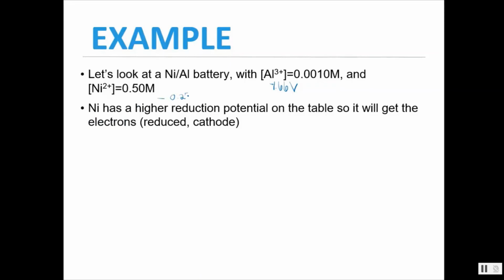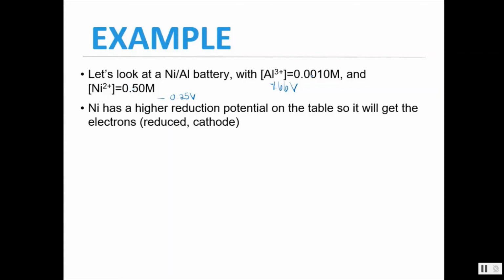That was the example we looked at earlier. We decided from these potentials that the aluminum, being more negative, wants to get rid of some negatives, so it's going to be oxidized. And the nickel is going to want to take those electrons. It has a more positive reduction potential compared to the aluminum, so it will take those electrons and be reduced.